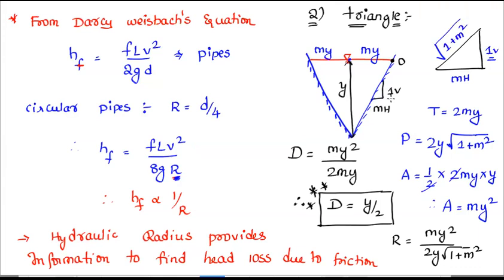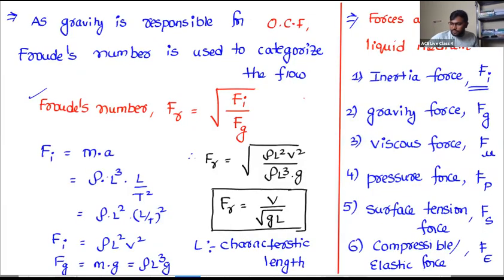But what is total head? I'm asking in normal definitions. What is the total head? Total head means datum head plus pressure head. Arey bhai, total head means datum head plus pressure head. Is that what I taught you?